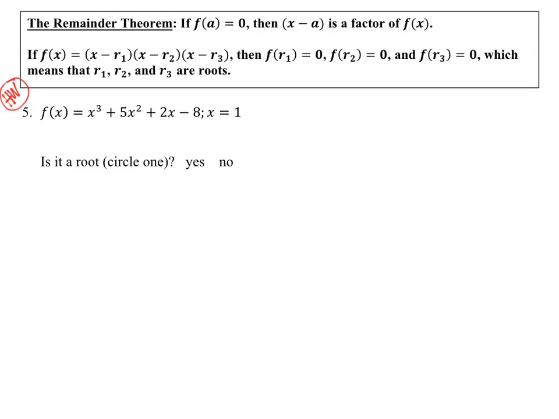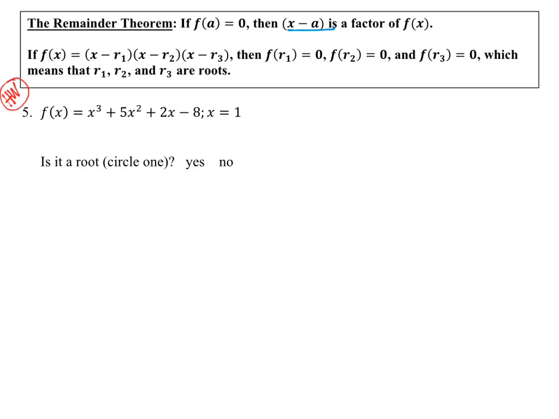The next thing I want to talk about is what is called the remainder theorem, which is basically what we already know. It's nothing new. The remainder theorem says that if f of a equals 0, so if I plug a in for x and I get a 0, that means x minus a is a factor. We've really been going the other way, where if I have a factor, then I know x equals a is a root.